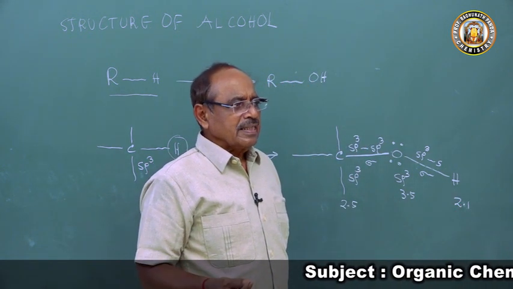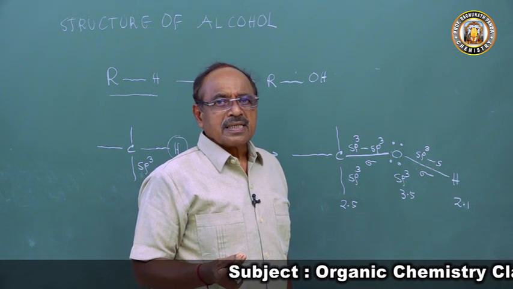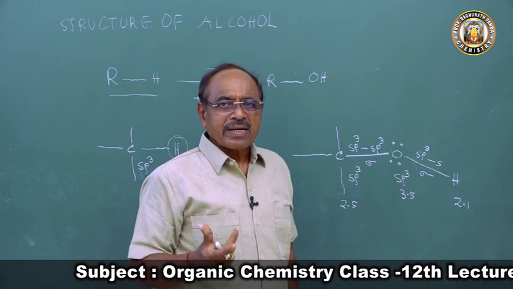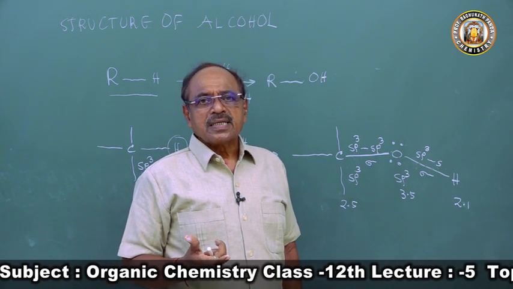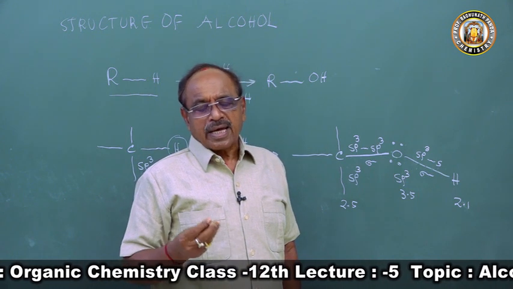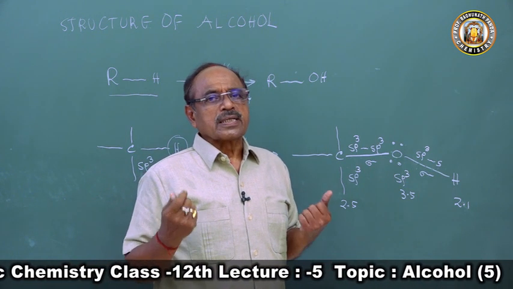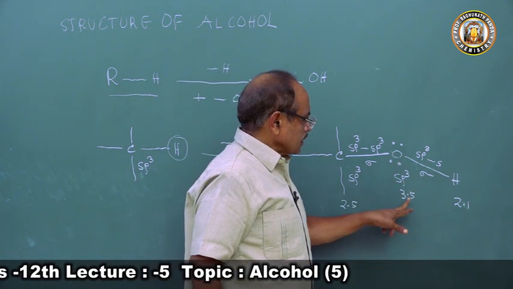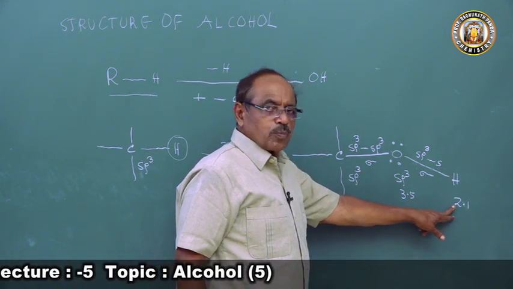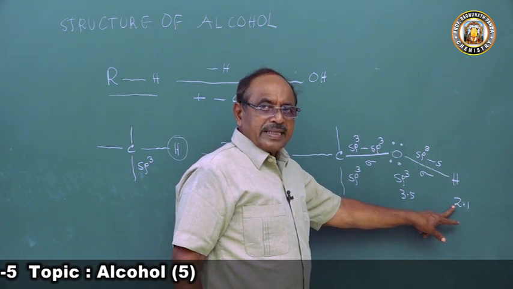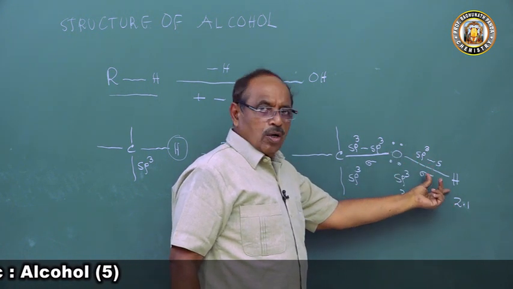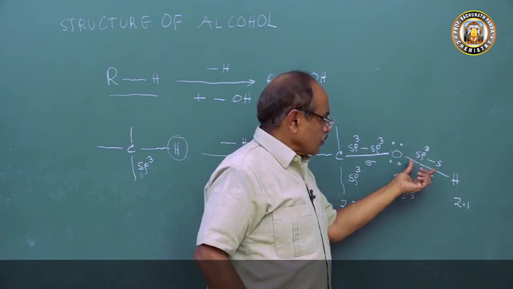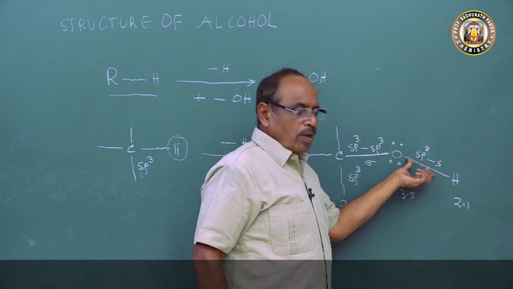Electronegativity is defined as the force with which a pair of electrons is attracted towards the atom of the element in a covalent molecule. So the electronegativity of oxygen is 3.5 and hydrogen is 2.1. That means the oxygen atom of the alcohol OH group must be pulling the pair of electrons forming the covalent bond towards it.